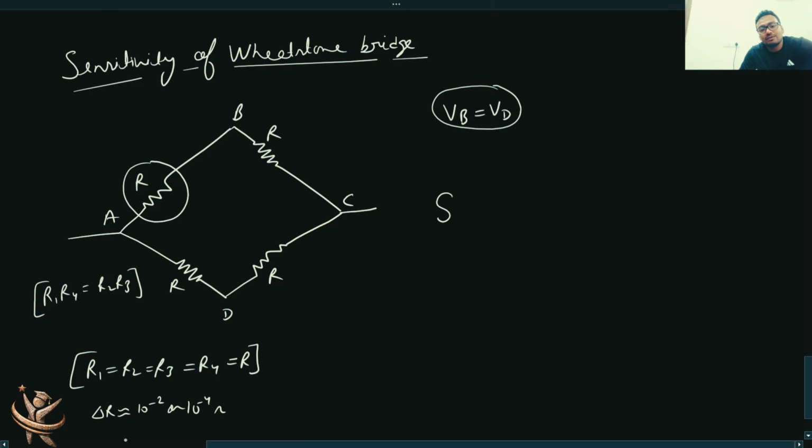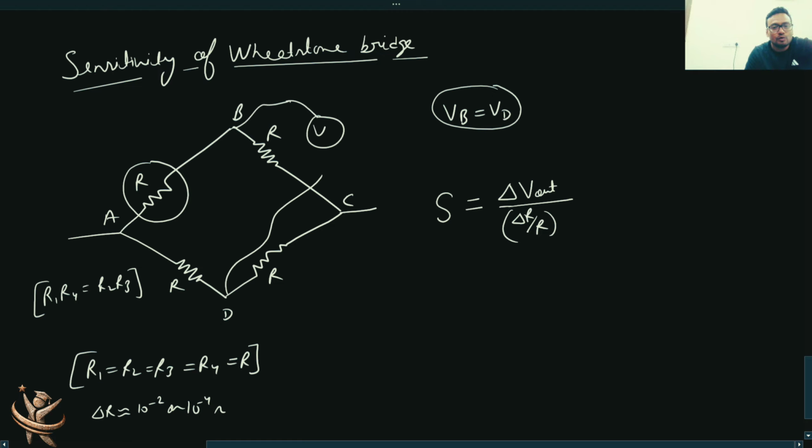So I'm representing sensitivity by S: change in output voltage divided by fractional change in the resistor. This is the fractional change. What is V out here? You take points B and D, and suppose you are connecting a voltmeter across them. If all of them are equal, this is 0 because B and D are at the same potential.